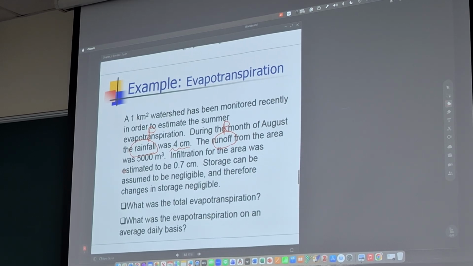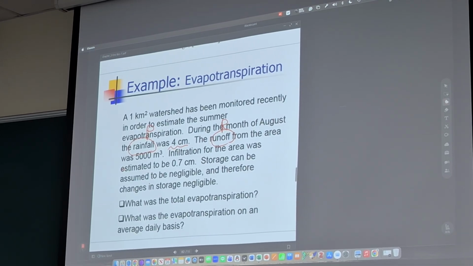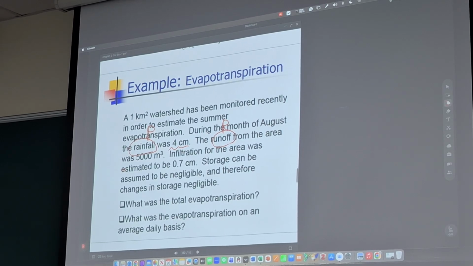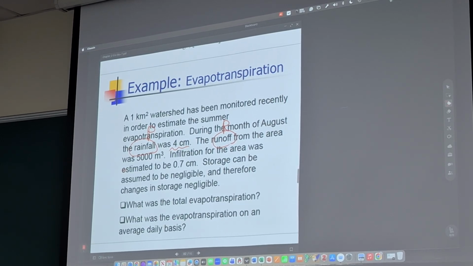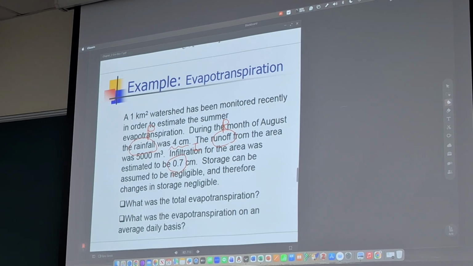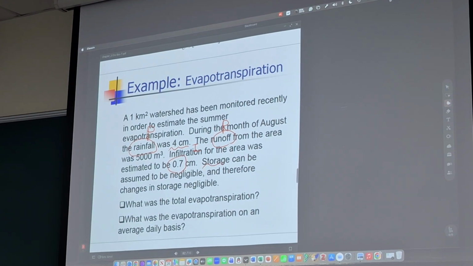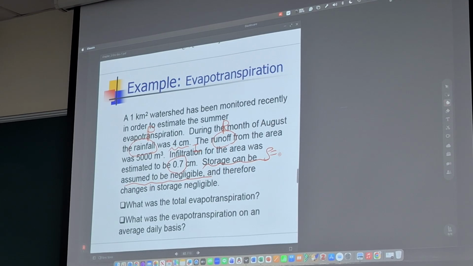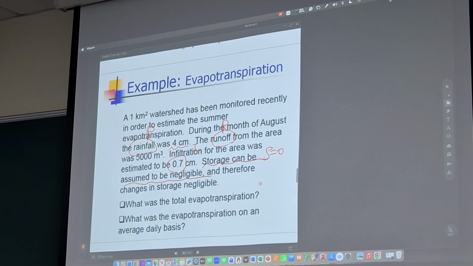The runoff from the area was 5,000 cubic meters. Infiltration for the area was estimated to be 0.7, so I will be 0.7. Storage is assumed to be negligible, so S is 0, which means steady state.